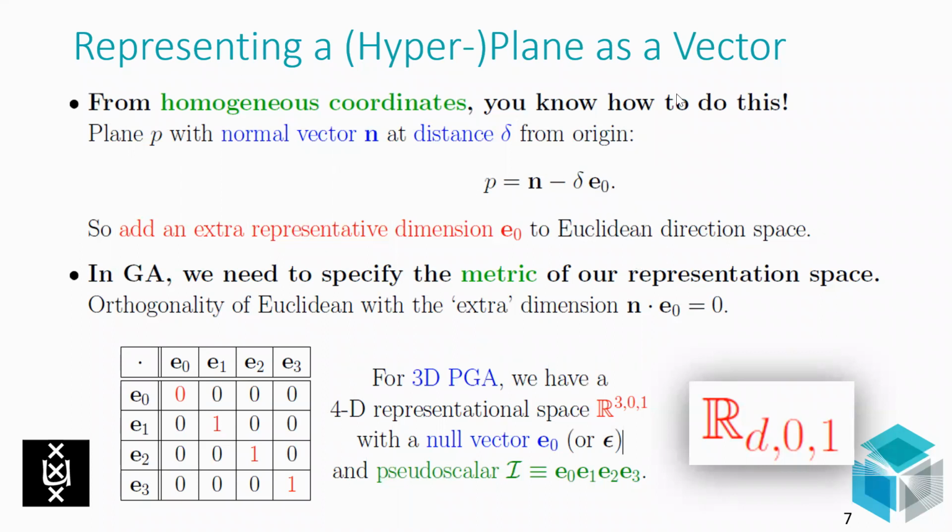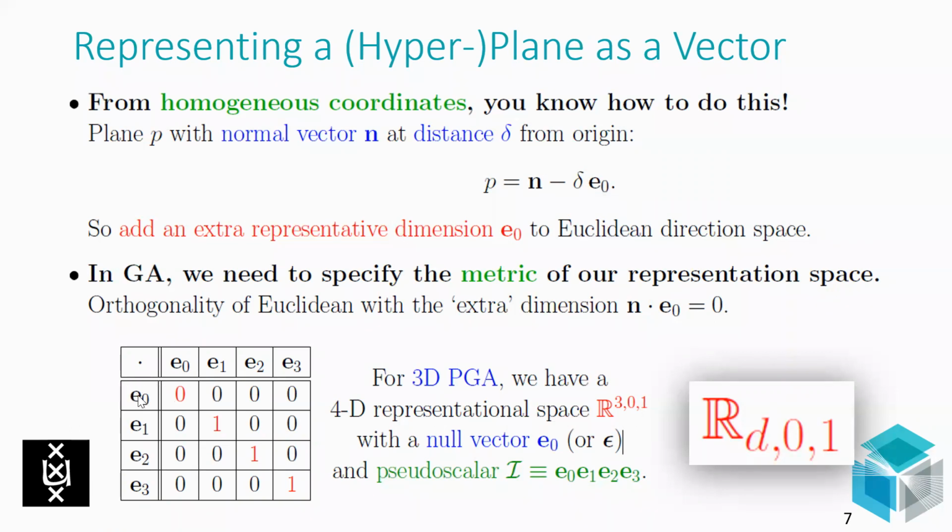It's the same thing in geometric algebra. That is exactly the representation that you borrow, but it turns out that there is something special that you don't usually do when you have homogeneous coordinates. You have to specify the metric of the space that you're in. You have to say what it is to take the dot product of two planes. It has to be reasonable, and the only way to get it reasonable is to make your representational space not return your outcome.